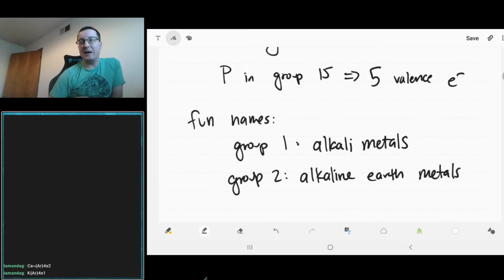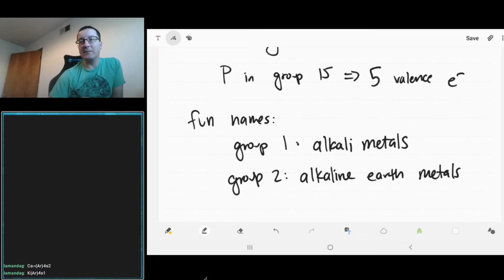So these are names that people refer to groups of elements as. So sodium, potassium, lithium, all those are collectively referred to as alkali metals. Just a fun name they have.